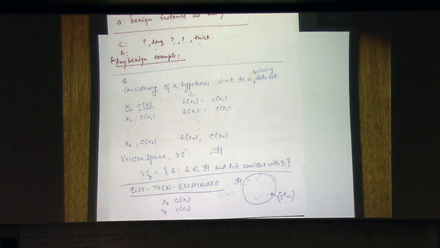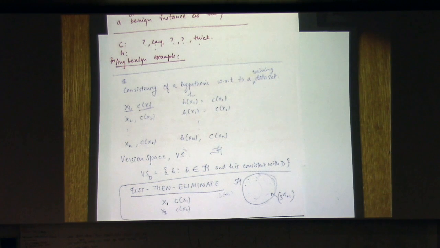Every time, you have to take all of these and check this condition for all of them. So it's fairly inefficient. That's why, even though it's a reasonable algorithm in terms of how it learns the version space, it's not something that we'll look at any further.